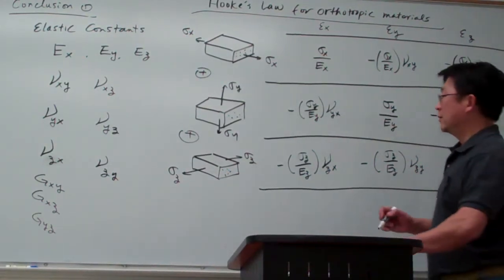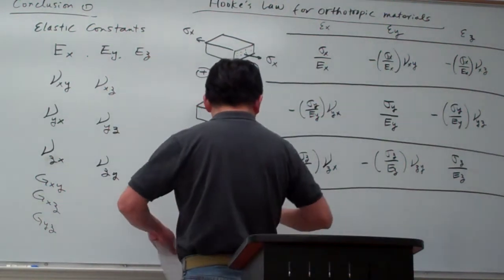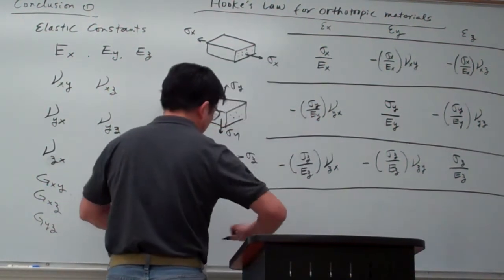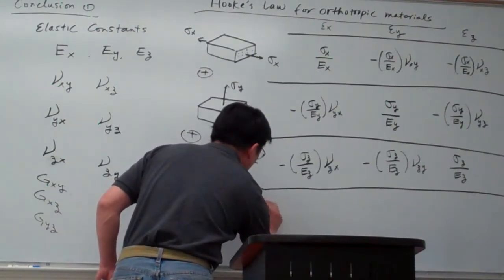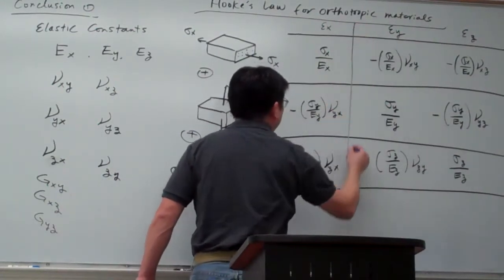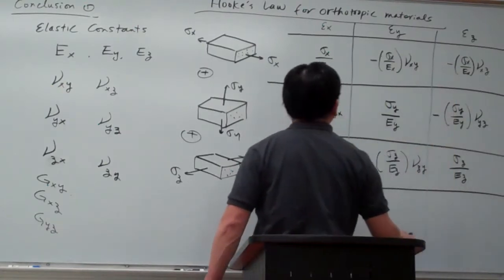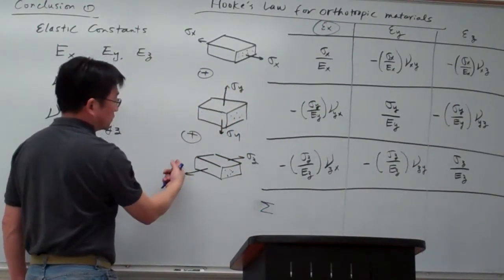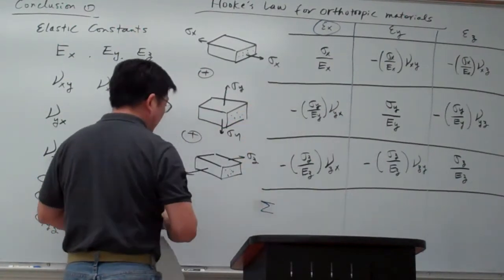Okay? So now we have those things, then we simply take the summation. So for epsilon x, under the superposition principle, we simply sum up the whole list.